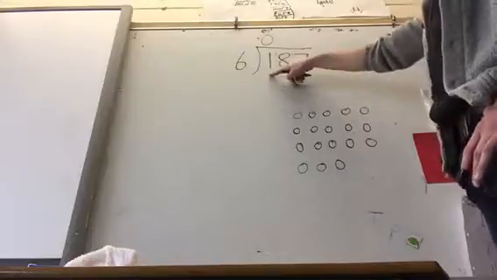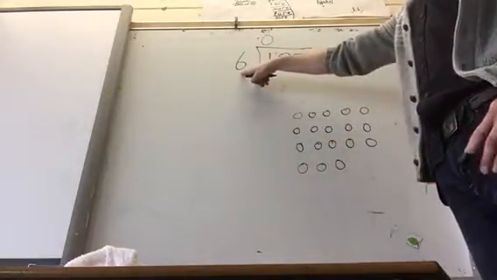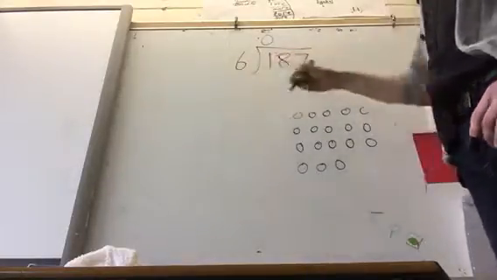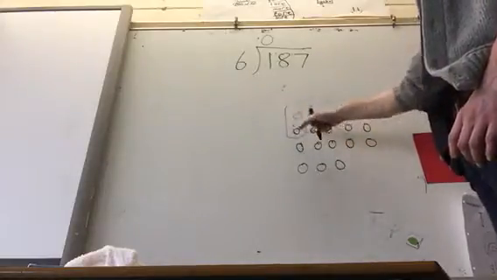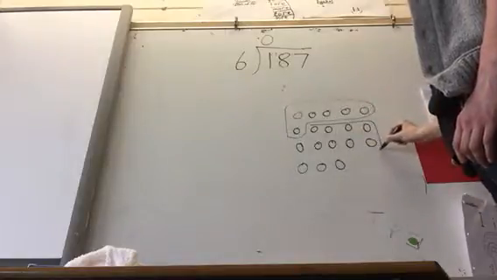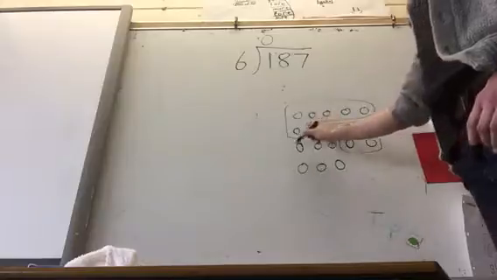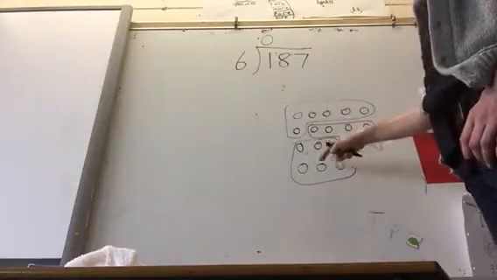And we want to know, if we have 18 cookies, how many groups of 6 can we make? Well, we'll start circling. 1 group of 6: 1, 2, 3, 4, 5, 6. 2 groups of 6: 1, 2, 3, 4, 5, 6. 3 groups of 6: 1, 2, 3, 4, 5, 6.